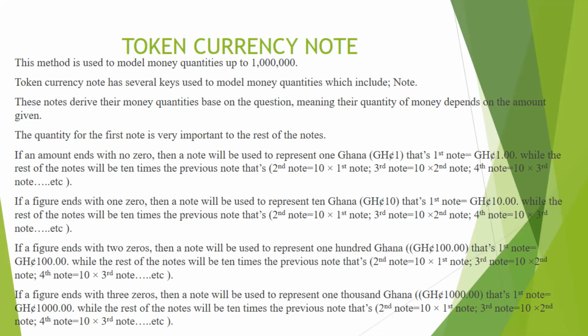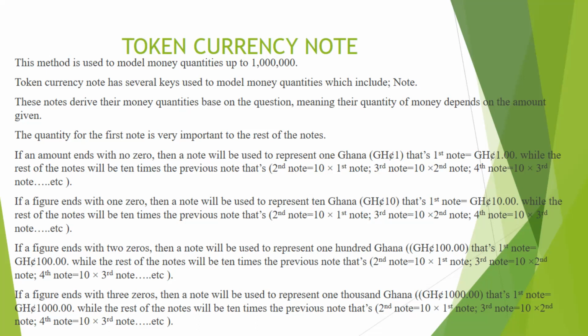If an amount given ends with only one zero, then a note will be used to represent 10 Ghana cedis.